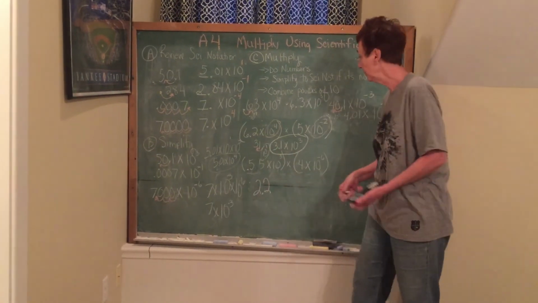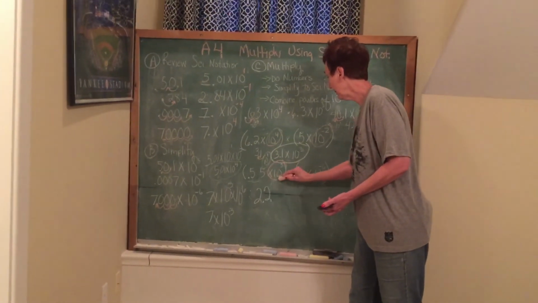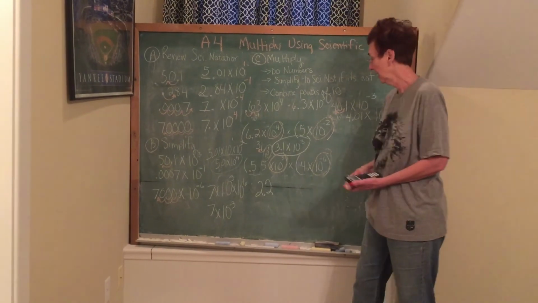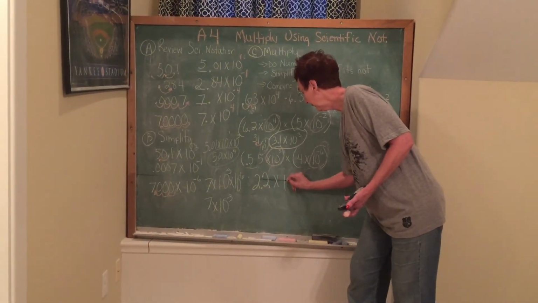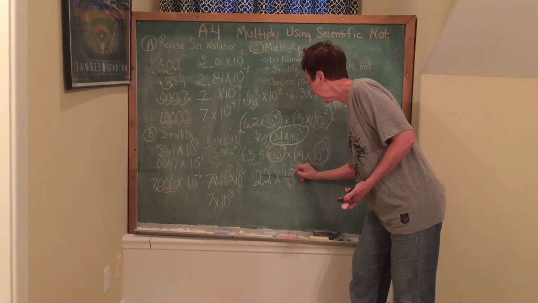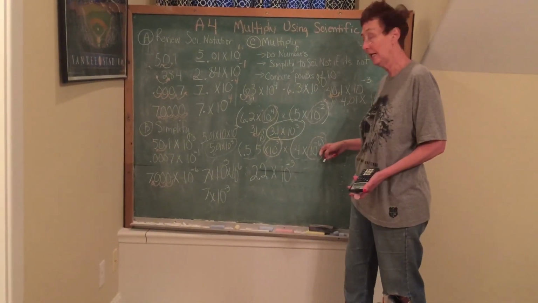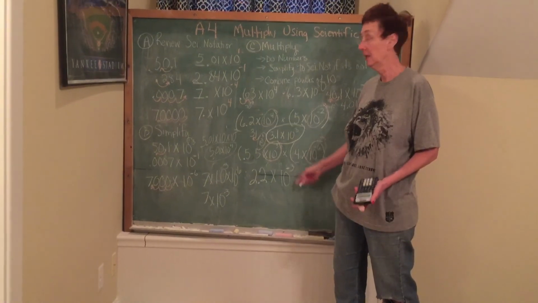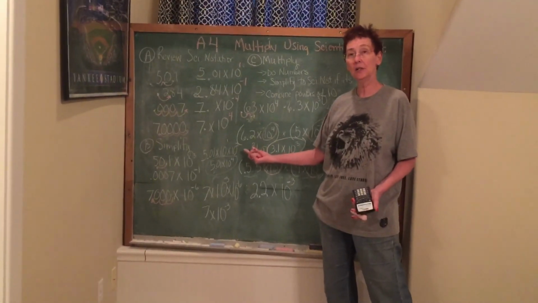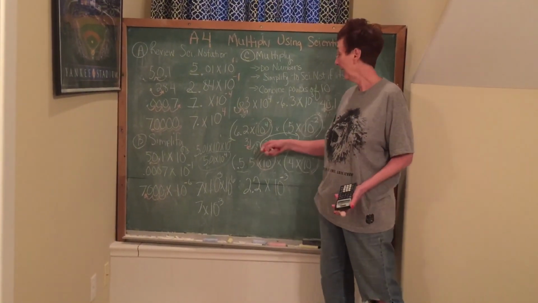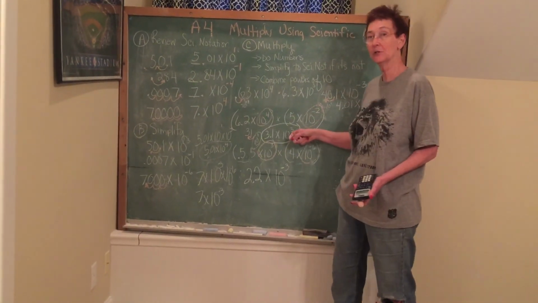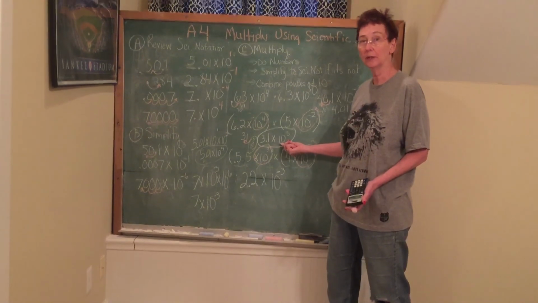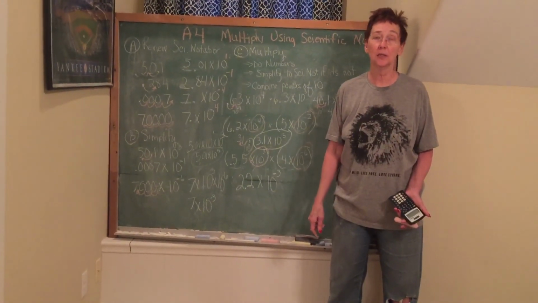So all I have to do now is put together my powers of 10. So I have 3 of them here and a negative 6 there. That would give me a negative 3, because 3 plus a negative 6 gives you negative 3. So if it's not in scientific notation, you must fix it and get your scientific number part, and then put together all the powers of 10 to see what goes with it. And that would be how you multiply using scientific notation.